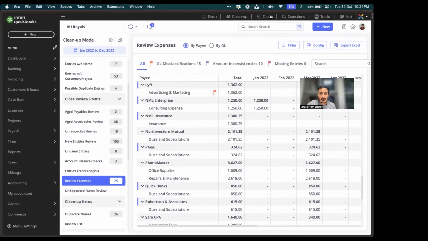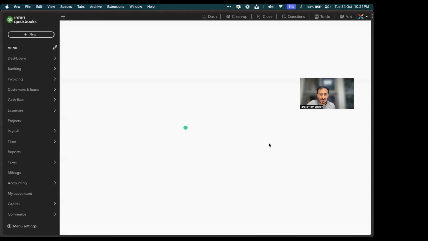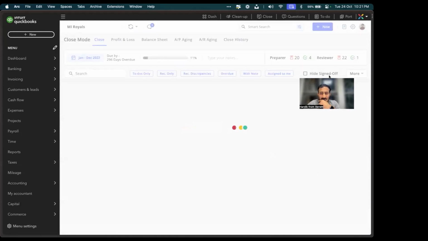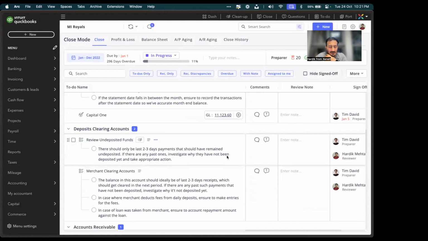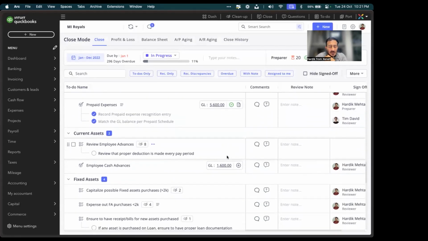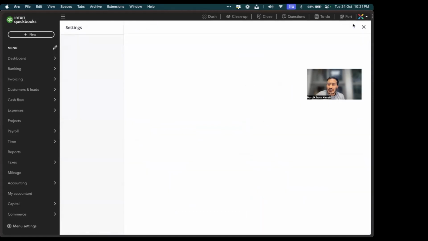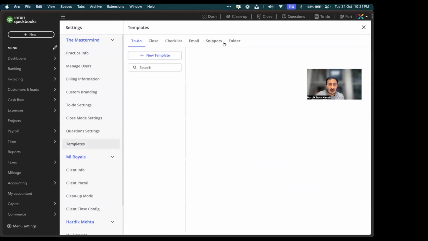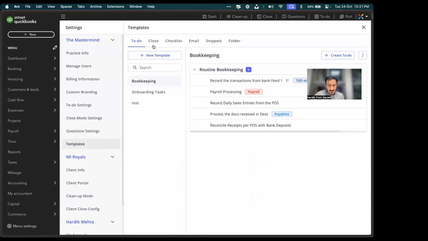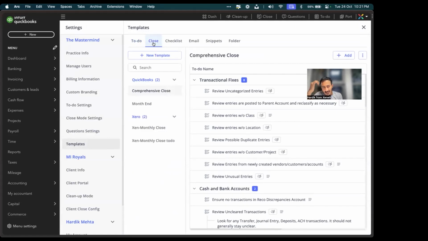All right, I'm just going to go to close. What I've done here is, typically, we have this standard checklist, which is pretty comprehensive and covers a lot more details. I rated it at the company level, meaning the practice level.